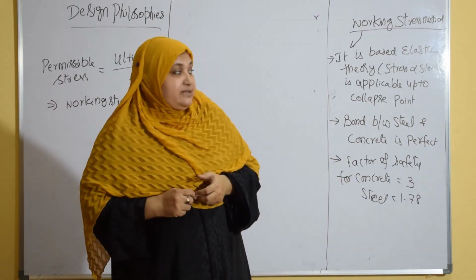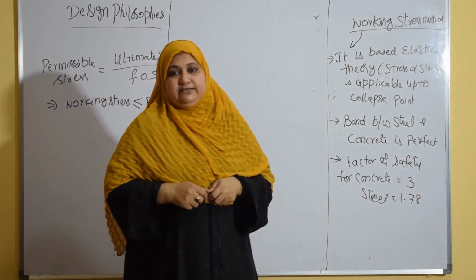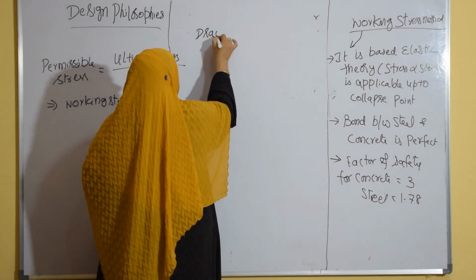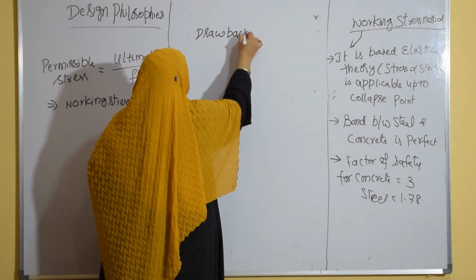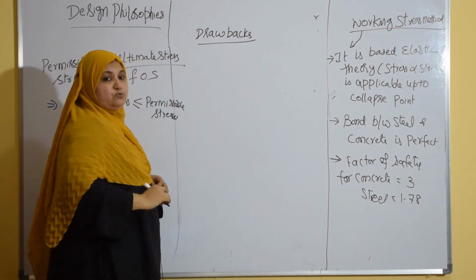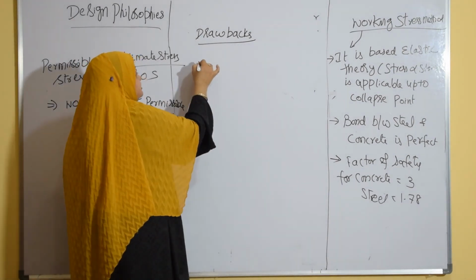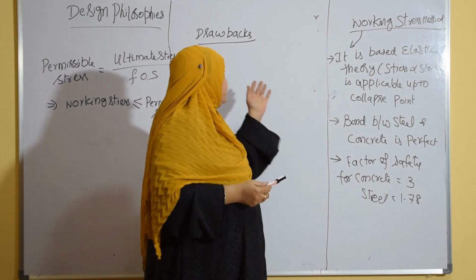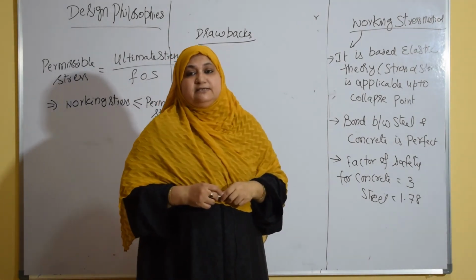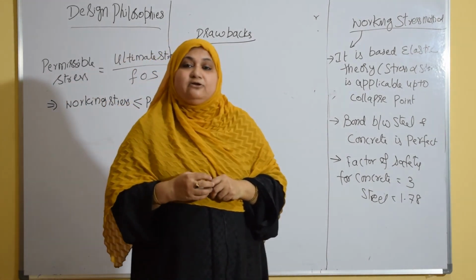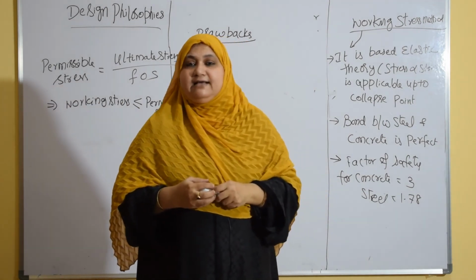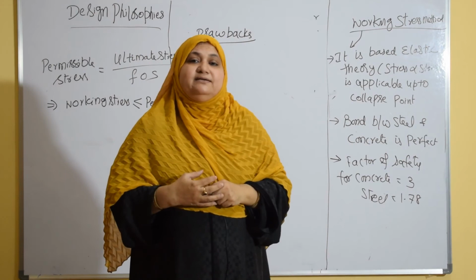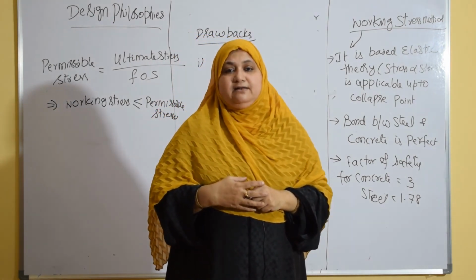So working stress method has got several disadvantages and drawbacks. That is why now we are not using this. What are the drawbacks? From the assumptions only we can say the drawbacks. The first is that both steel and concrete behave elastically, which is highly impossible because concrete is a brittle material.